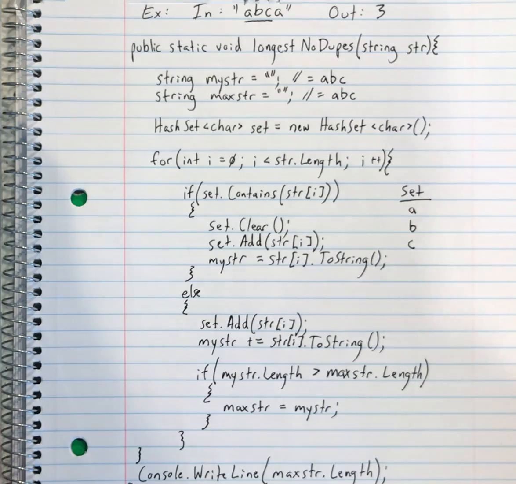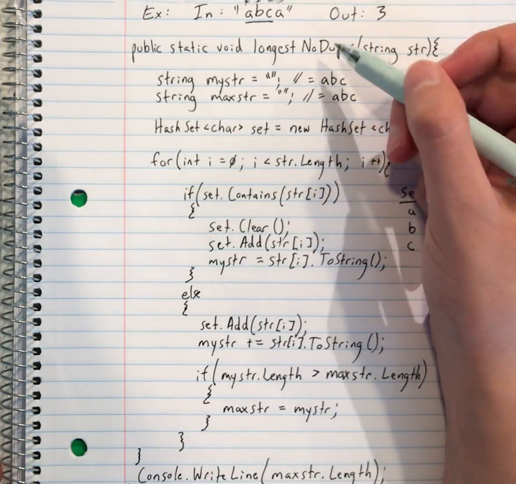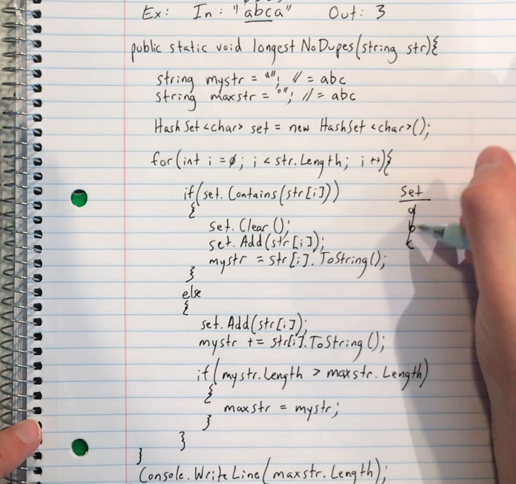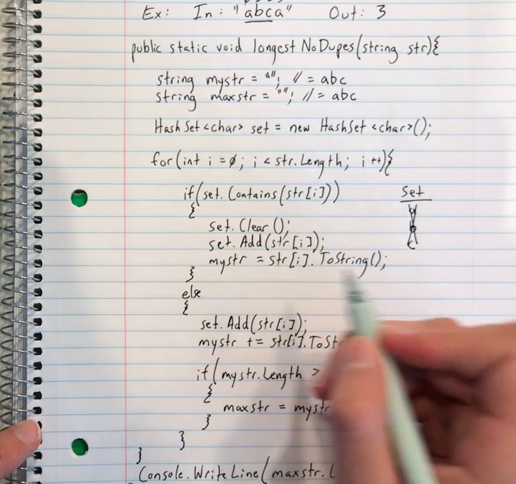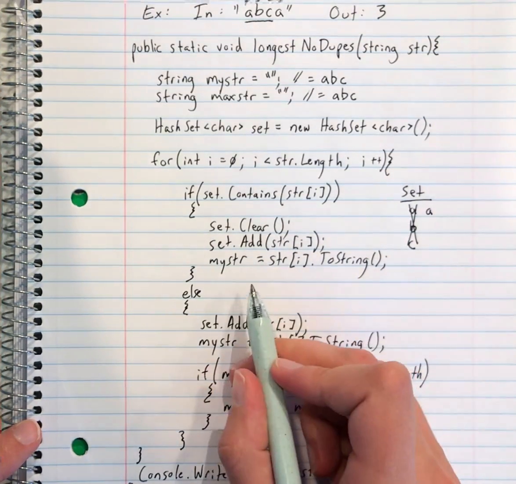Here's where the fun comes in. So if set.contains string of I, yes it does. That's in our set.clear. Alright. Set.add the ith element. Alright, A is added to the set.